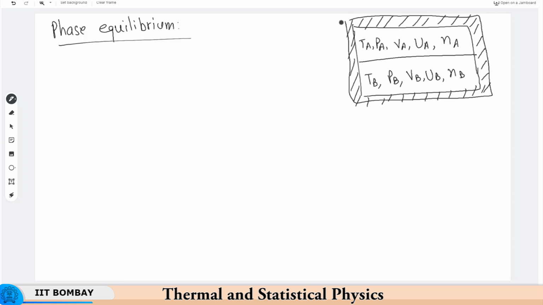And since this system is isolated, it is not exchanging anything with the surroundings. So, we know that at any given point Na plus Nb has to be constant. Say this is N, a constant, and this is basically conservation of mass.